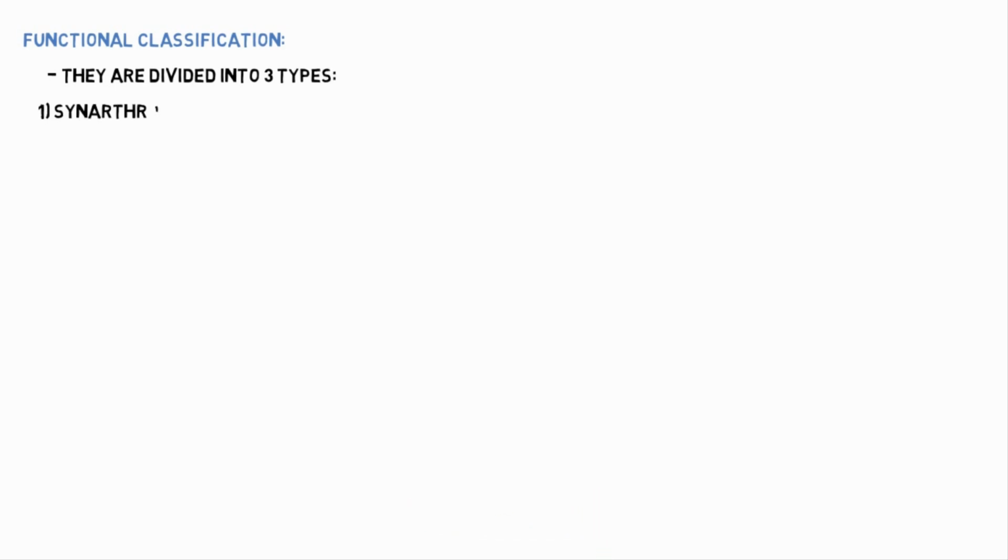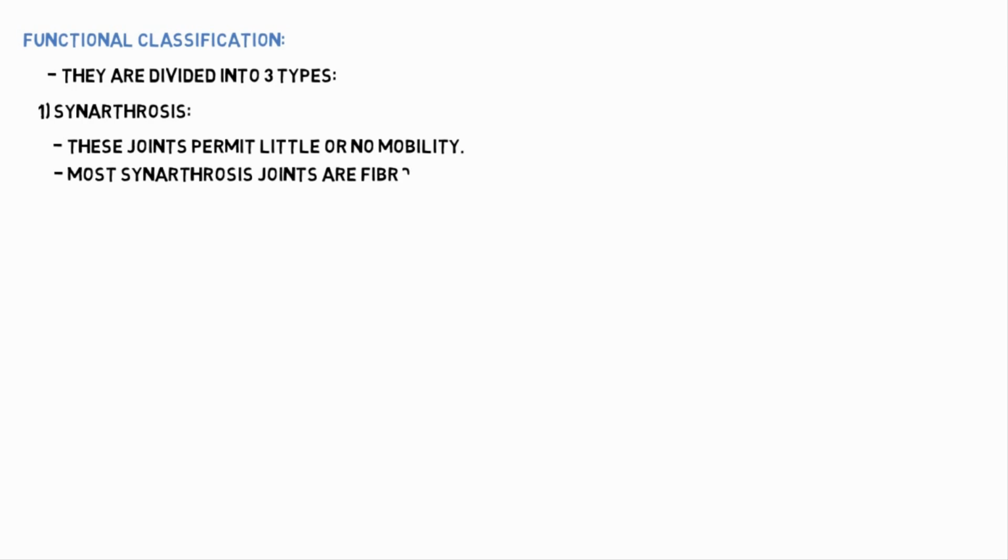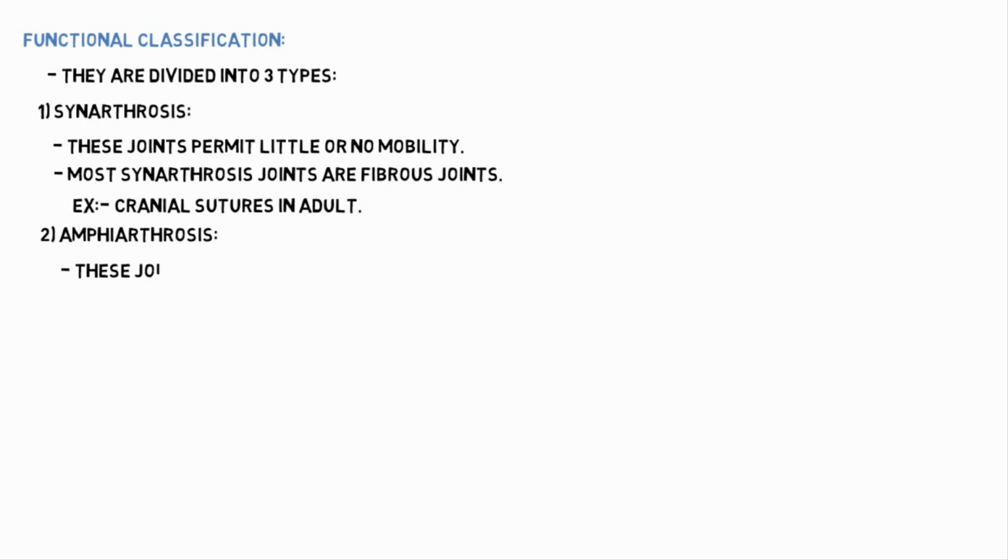Coming to the functional classification of joints, they are divided into 3 types. First one is synarthrosis. These joints permit little or no mobility. Most synarthrosis joints are fibrous joints. Examples are cranial sutures in adults. Next is amphiarthrosis. These joints permit slight mobility.